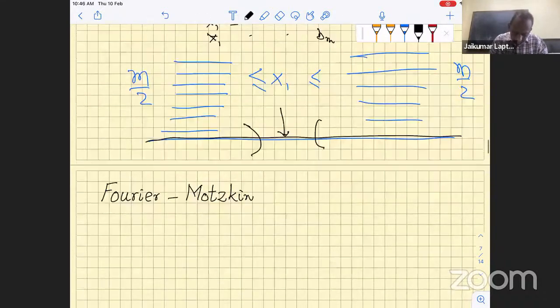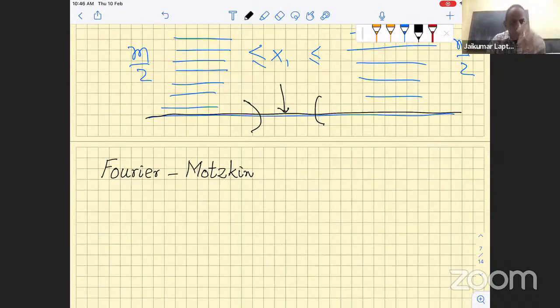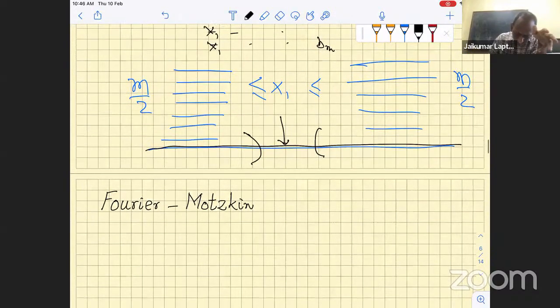Now, go to x2. You have a system of equations. All these m squared over 4 inequalities, some of them have x2. Some of them might have had x2 on both sides. You, of course, combine them, collect the coefficients. Each of them becomes an honest inequality. There might be scalars on both sides. You write them nicely.